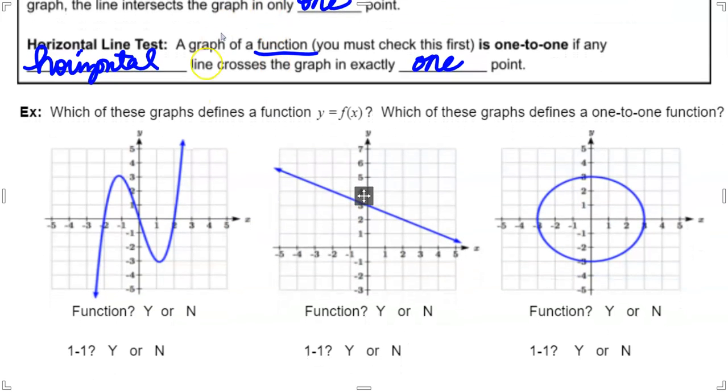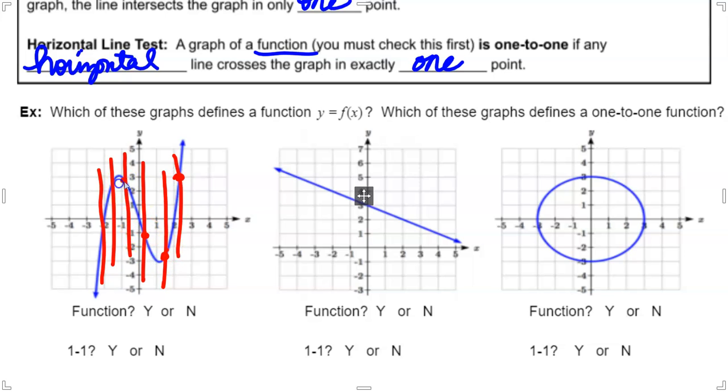It can only intersect the vertical line that I draw in one point, or cross the blue graph. If I start drawing vertical lines on this cubic graph, I intersect it here, here, here, here, here, and each time on each line I have only one point. Therefore, yes, it is a function.